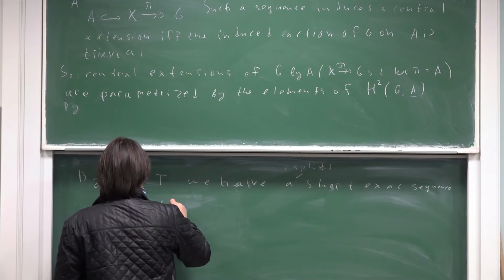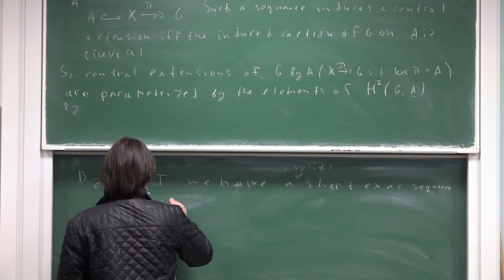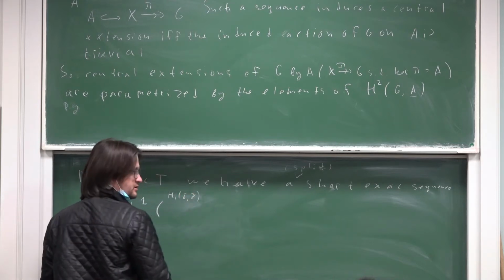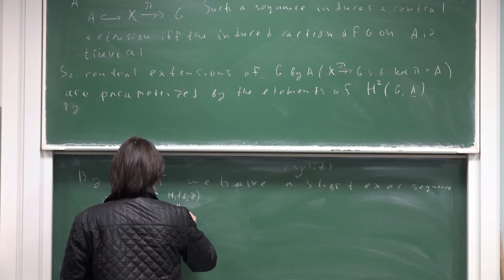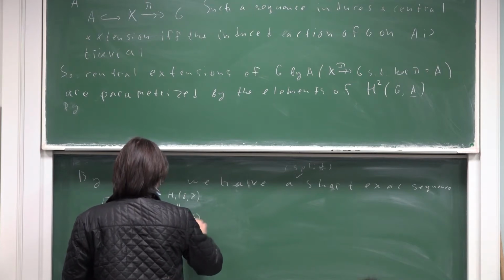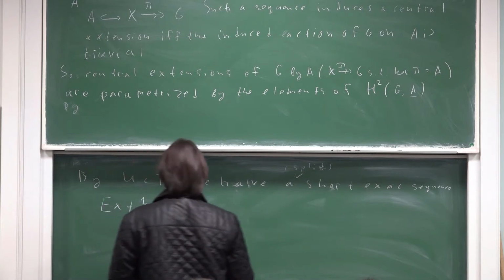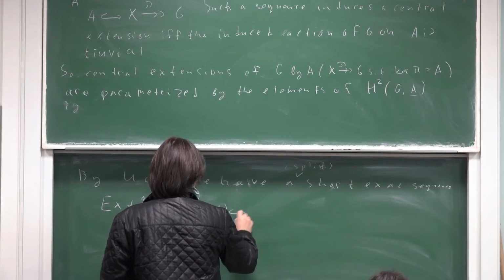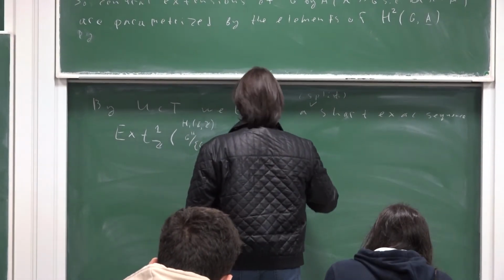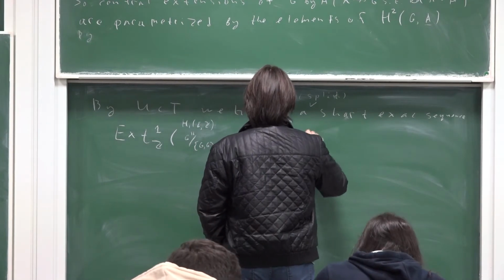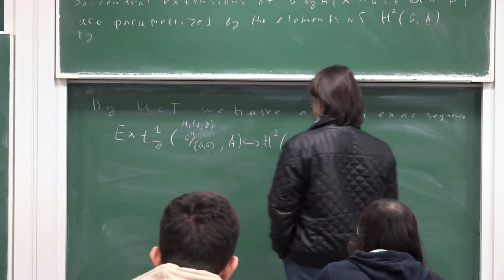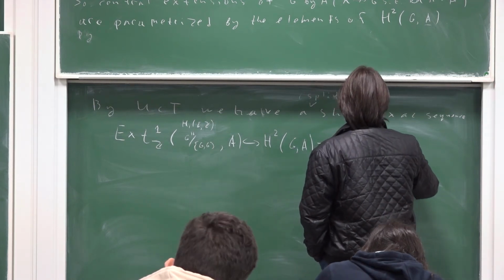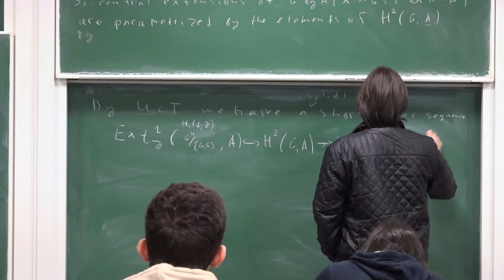Here it has to be H1 of G, Z, yes, but it is the same thing as the abelianization of G, to A, H2 of G, A, and here Hom over Z from H2 of G, Z to A.